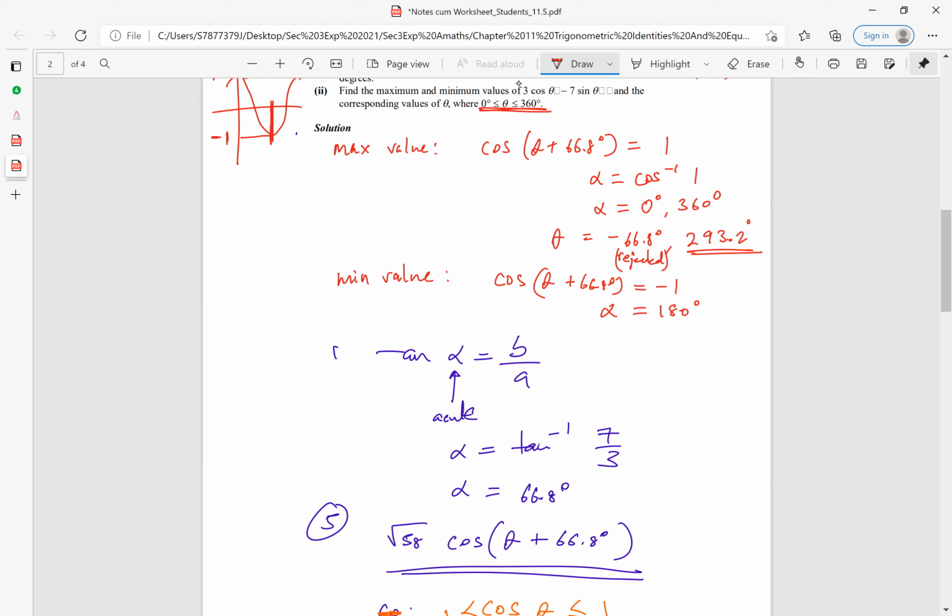No need to do so much calculation. So theta is equal to 180 minus 66.8 degrees. That's about it. So that is your answer.